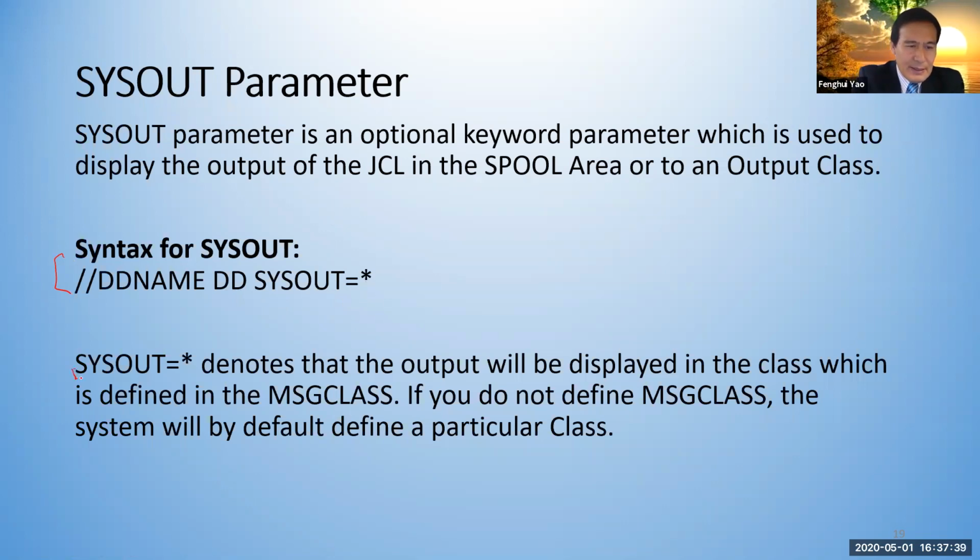In this case, SYSOUT equal to asterisk denotes that the output will be displayed in the class which is defined in the message class. If you don't define a message class, the system will use the default class.